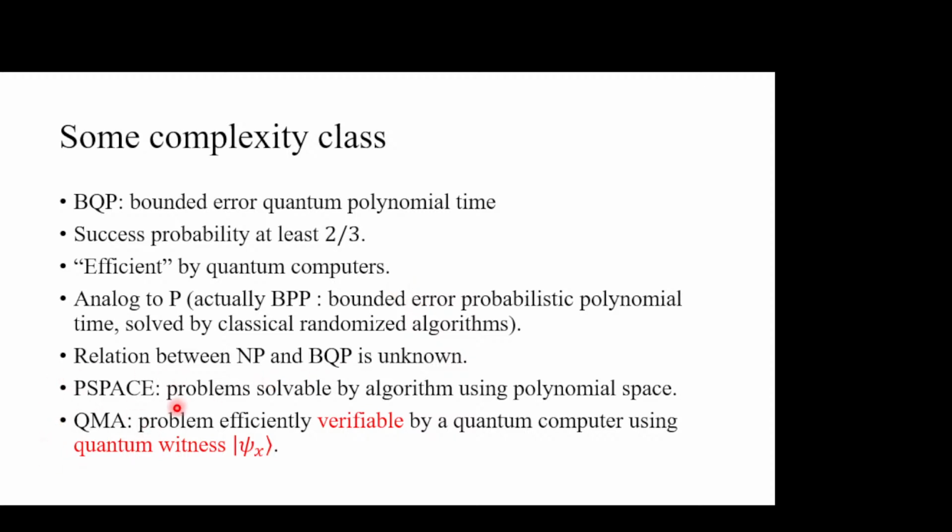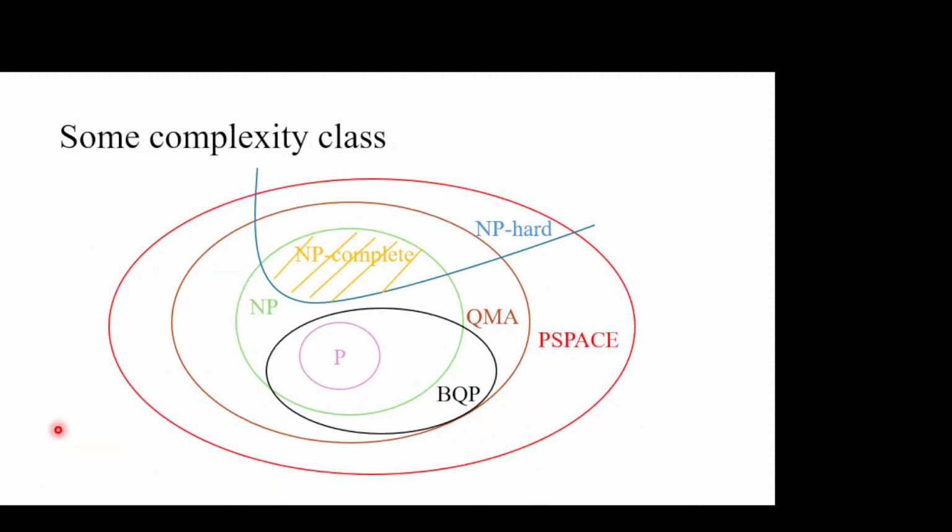Then we have PSPACE, problems solved by polynomial space, and QMA, the quantum version of NP, problems that can be efficiently verified by a quantum computer using a quantum witness. We see everything is inside PSPACE, and we have P, and then NP, and we don't know the relationship between BQP and NP.